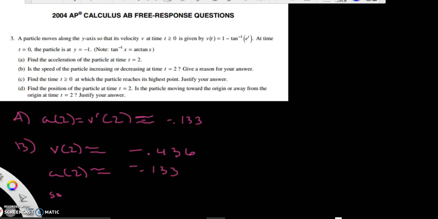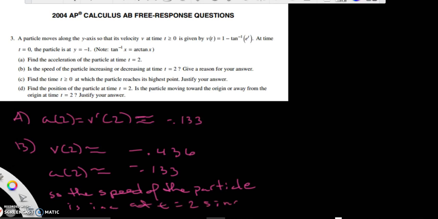So the speed of the particle is increasing at t equals 2, since v of 2 and a of 2 have the same sign.